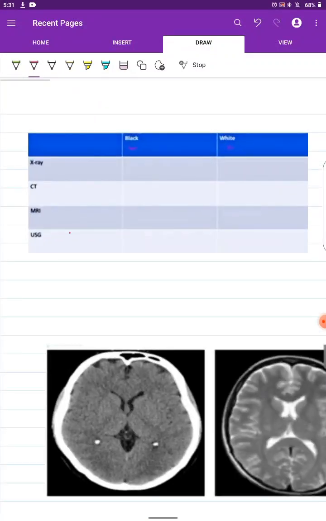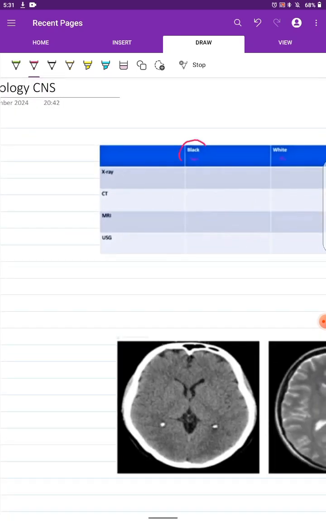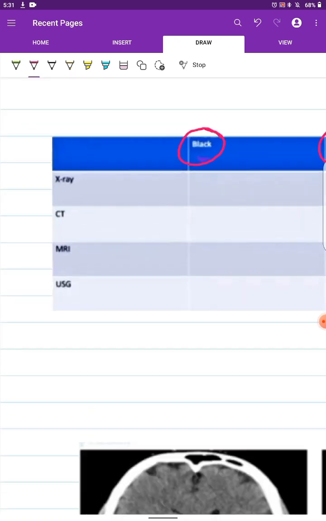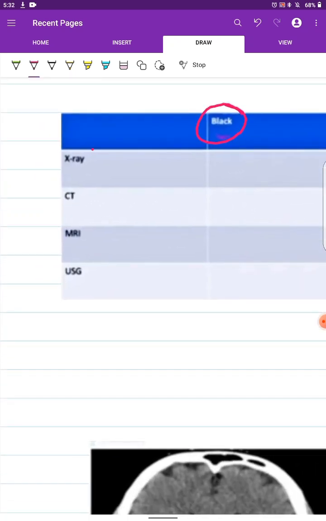Now let us learn the terminology. This is the basics of radiology. An easy way to remember is in terms of black and white. First let us differentiate between these four. X-ray is 2D, so it is separate; these three are together.